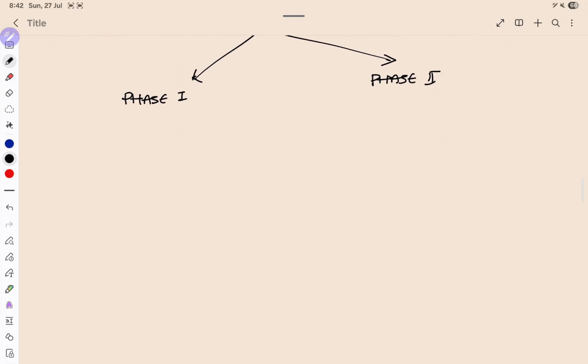So in phase 1, there is no new formation of compounds, or we call it non-synthetic. Whereas phase 2 is called as synthetic.